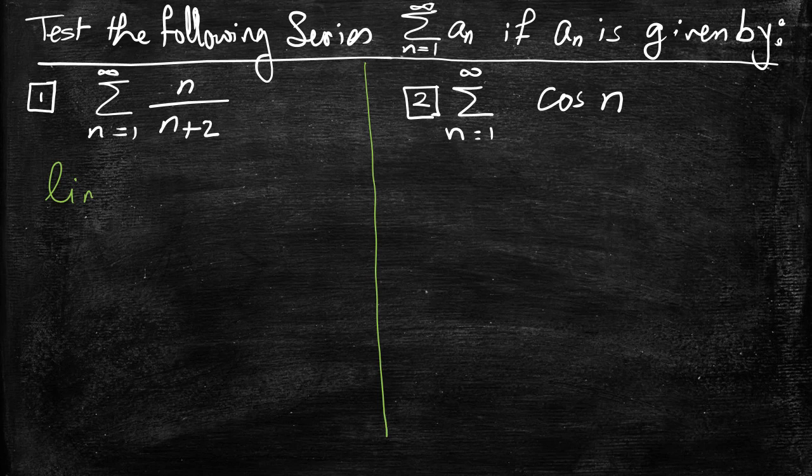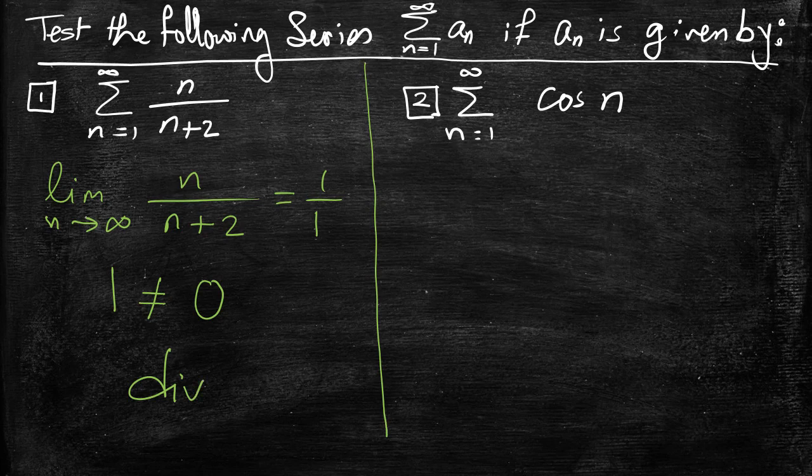We take the limit as n approaches infinity of the nth term, n over n plus 2. It's a polynomial over polynomial with the same powers in both terms, so it will be the coefficient of n in the numerator divided by the coefficient of n in the denominator, which is 1 over 1. Again, this value is 1, not equal to 0, so for sure this series is divergent.